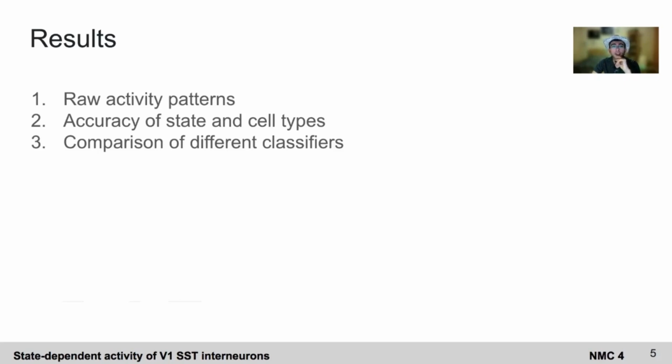In terms of accuracy for our different cell types, SST cells show a constant trend in activity and don't appear to be stimulus dependent on the accuracy scales of our machine learning models. But the VIP cells are very stimulus dependent.